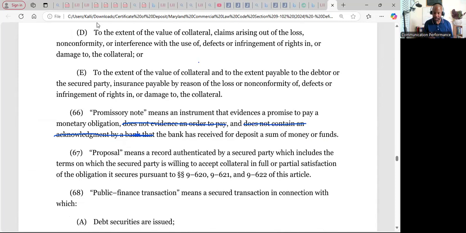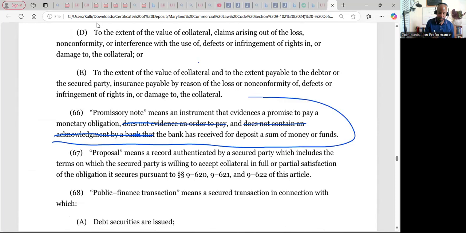So if we eliminate the extra language, then we can read it clearly, and we're able to find out what the definition of promissory note really is, right? And you can look up promissory note is defined as a security in the federal securities law, Securities Act of 1933, and the Securities Exchange Act of 1934.